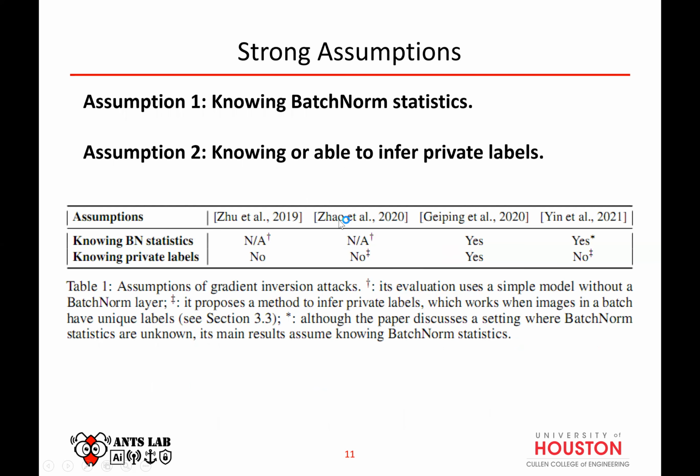And this paper analyzed the 4 different methods and found out that they have 2 strong assumptions. The first one is that some methods assume that the batch norm statistics information is known.